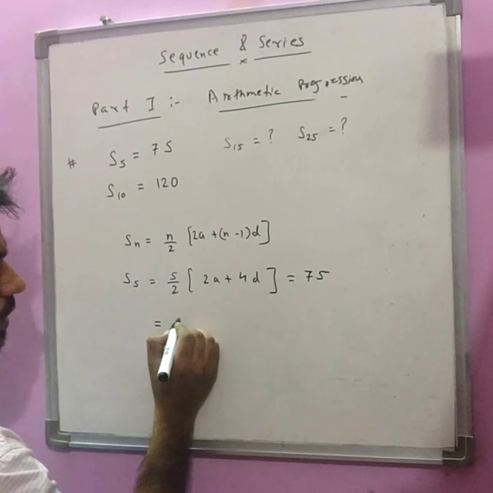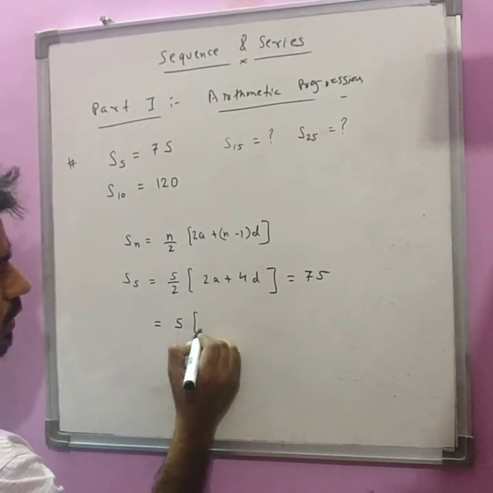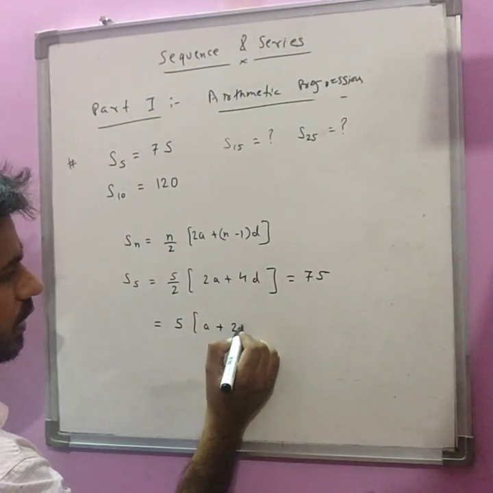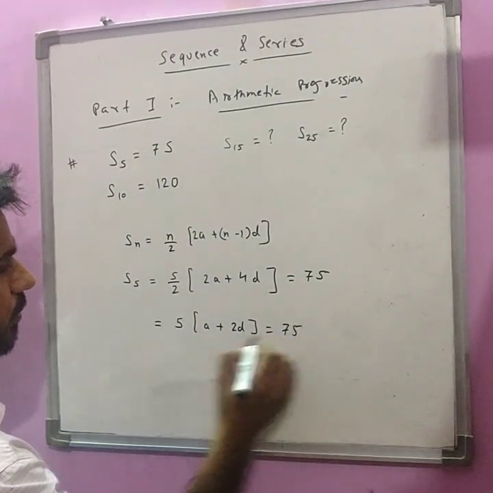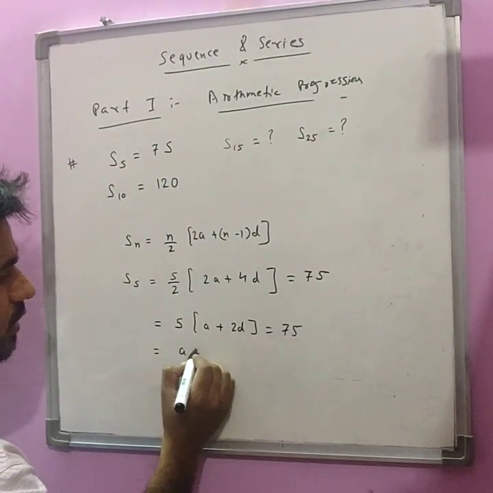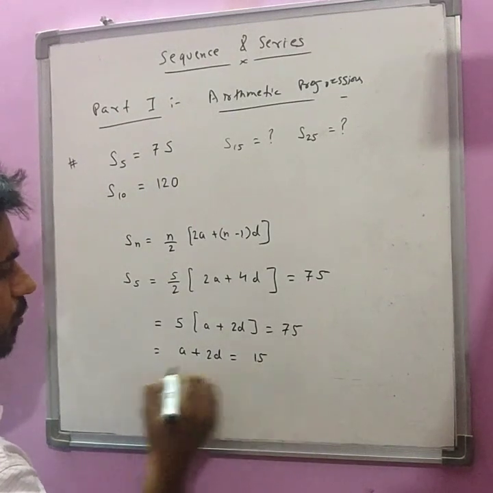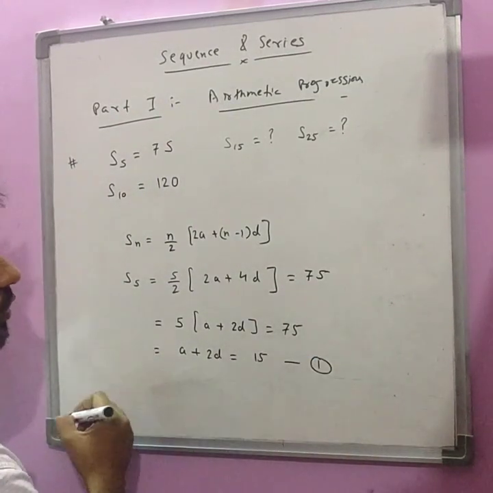On solving, 5 times A plus 2D is 75, or I can write A plus 2D is 15. So this is equation 1.